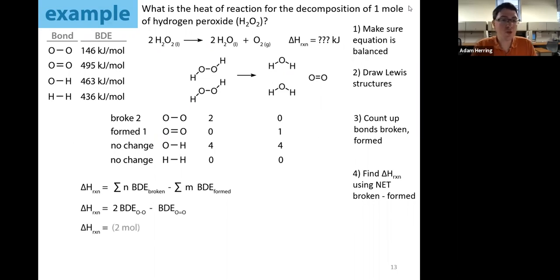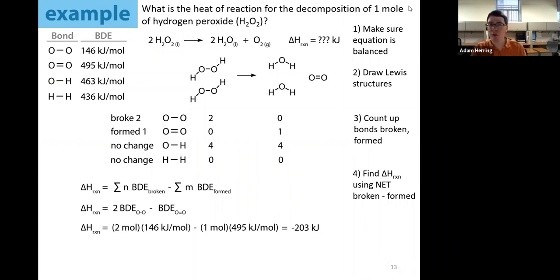That then is 2 moles times the energy per mole, 146 kilojoules per mole for an oxygen-oxygen single bond, minus 1 mole times 495 kilojoules per mole for the oxygen-oxygen double bond. So in total, that gets us 203 kilojoules given off when 2 moles of hydrogen peroxide decompose.